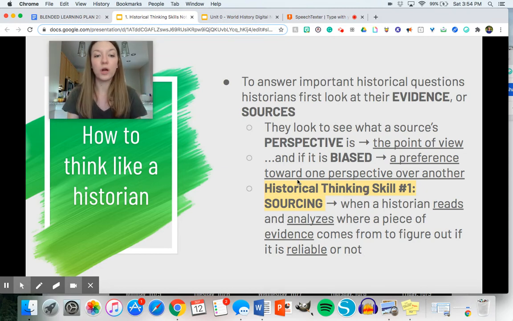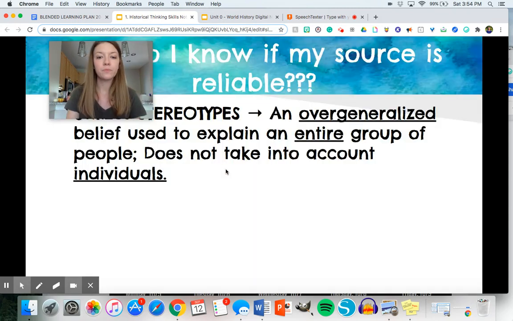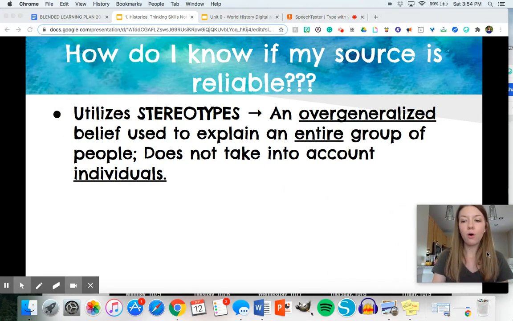Is it trustworthy? Okay. So how do we know if a source is reliable or not? One of the big tells that a source might not be super reliable would be that it uses stereotypes. A stereotype is an overgeneralized belief that is used to explain an entire group of people.